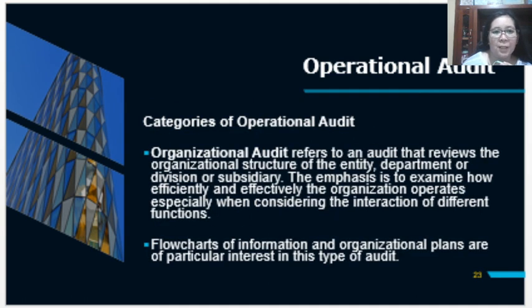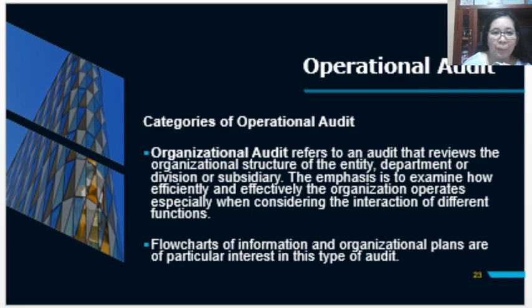Okay, another is organizational audit. So here, this refers to the audit that reviews the organizational structure of the entity. So it may be a department or division or even a subsidiary. So the emphasis of this examination is to determine how efficiently and effectively the organization operates, especially when considering their interaction with the different functions.